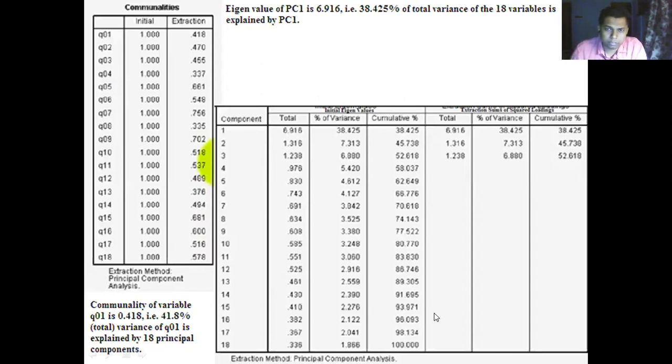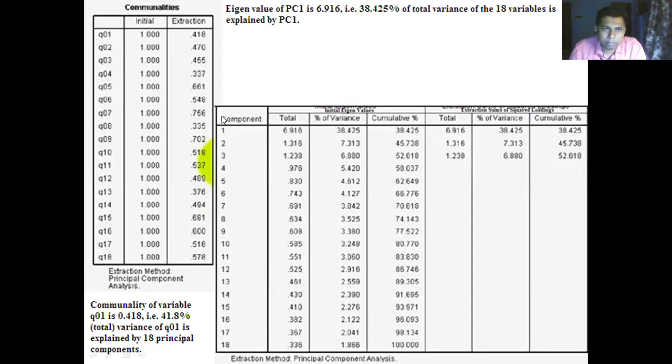Now look at this table. Here the first is initial eigenvalues, and then there is extraction sums of squared loadings.